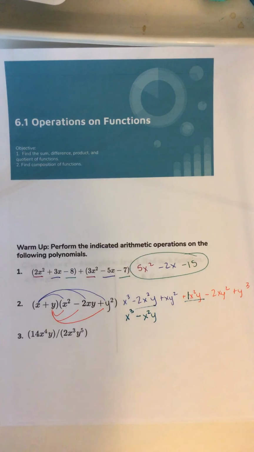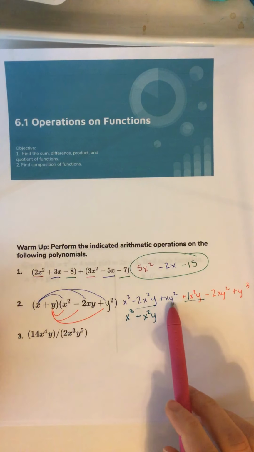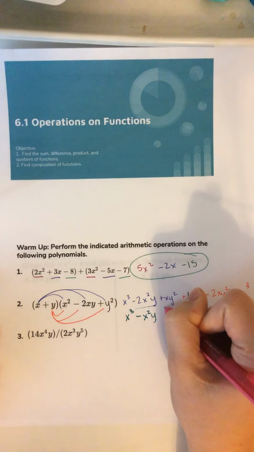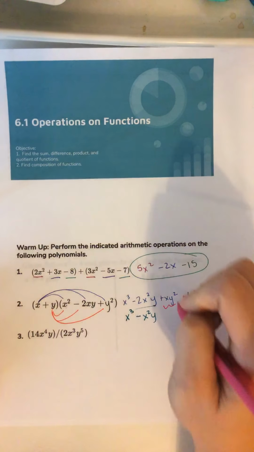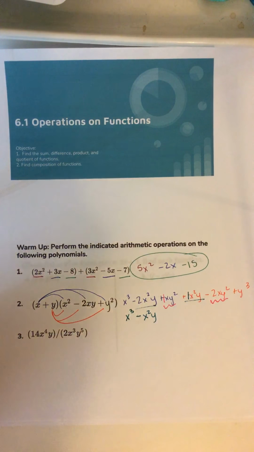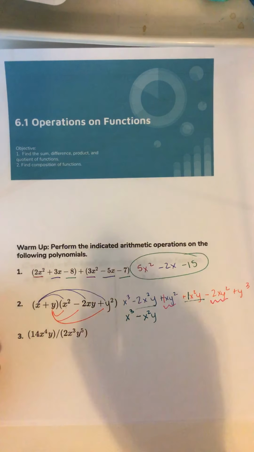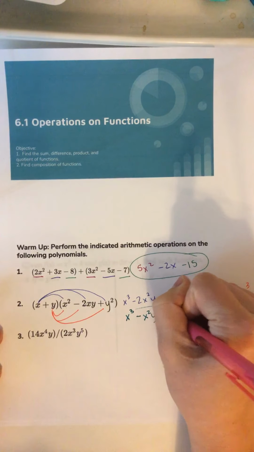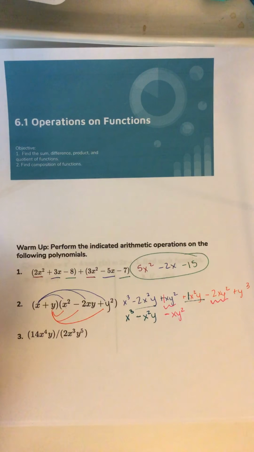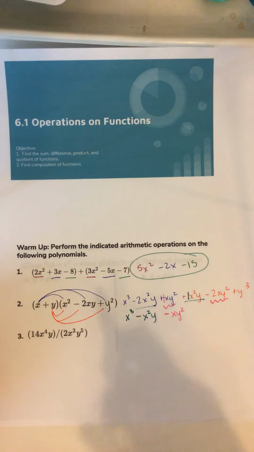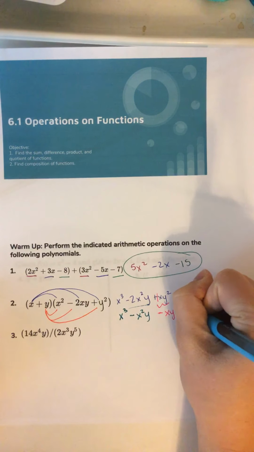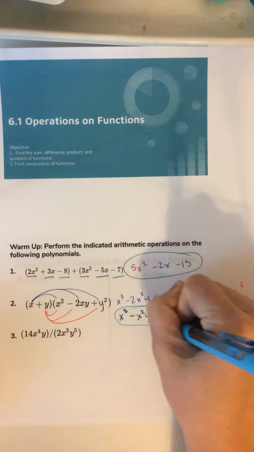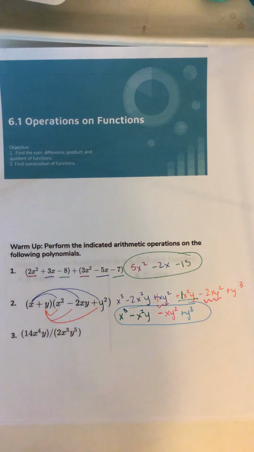And then just keep moving down the line here. xy squared minus 2xy squared, so that's 1 xy squared minus 2xy squared to give us a negative xy squared. And last but not least, we got our y cubed. Nothing combines with that, so we'll have a plus y cubed at the end. And that would be our final answer.